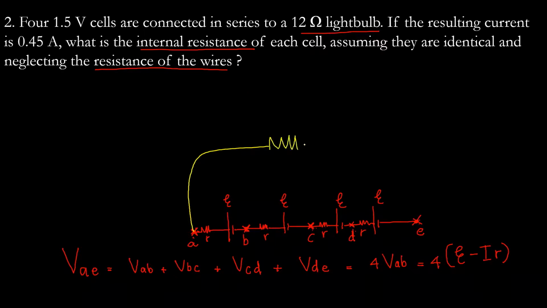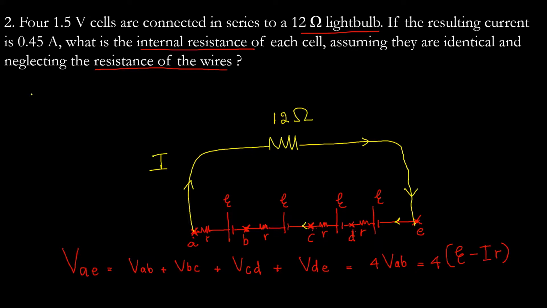So the light bulb is a resistor which is 12 ohms. When your battery, the combination of 4 cells, is connected to this 12 ohm light bulb, the current will start flowing through your circuit. Since all of these are in series, the same current will go through your batteries.